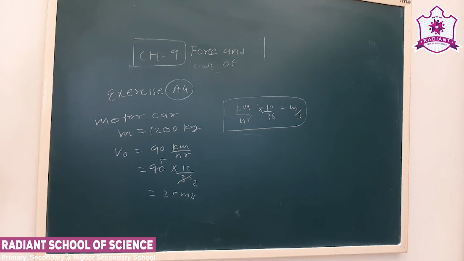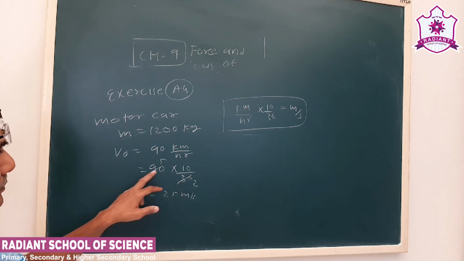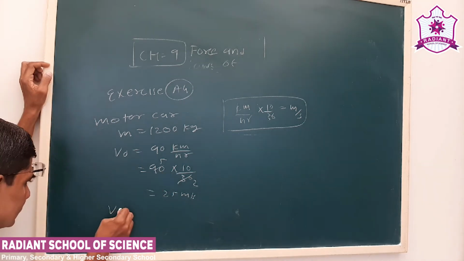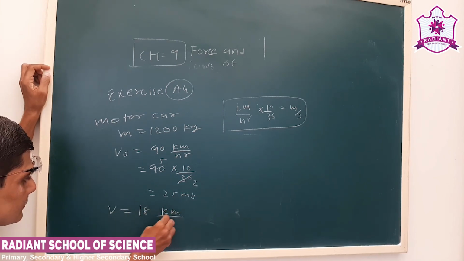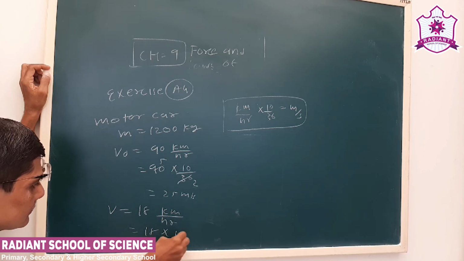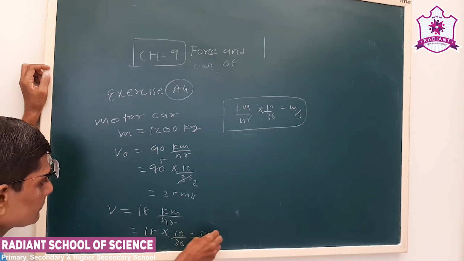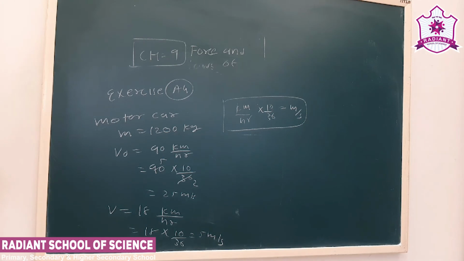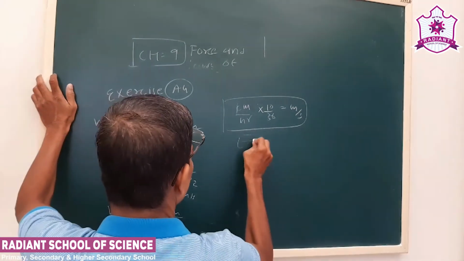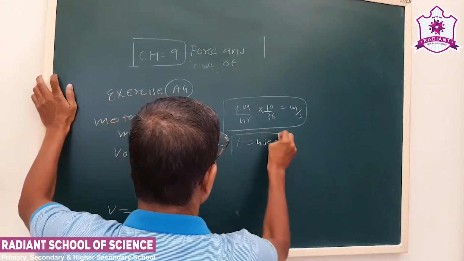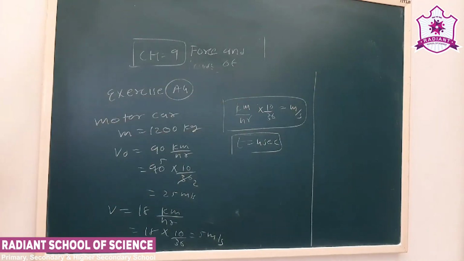It slows down, that is the final velocity is 18 km per hour, in a time of 4 seconds by an unbalanced force. What is the force required? Calculate the acceleration and change in momentum.